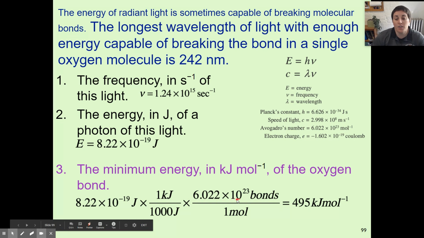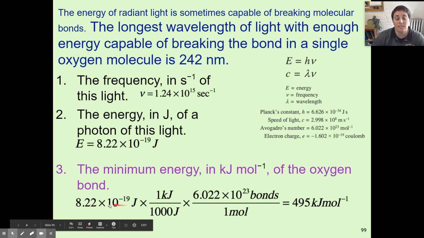And then I also know that there are 6.02 times 10 to the 23rd bonds in 1 mole. So if I multiply my energy by Avogadro's number, that will give me the number of bonds that I can break per mole.